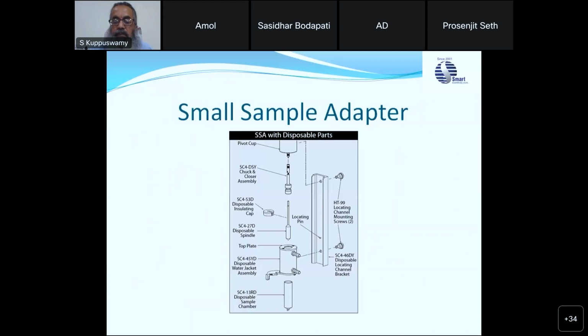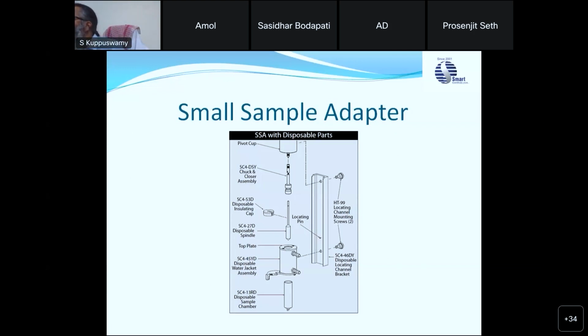This is how a small sample adapter looks. It has a sample cup. I'll explain from the bottom. The first one from the bottom is the sample chamber. The sample chamber varies from 4 ml to 9 ml. Then there is a jacket for maintaining the temperature of the sample in the sample chamber.